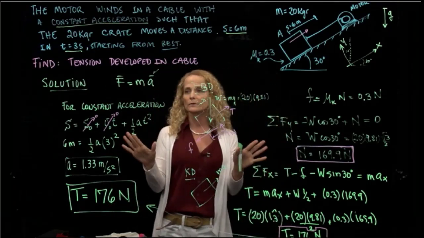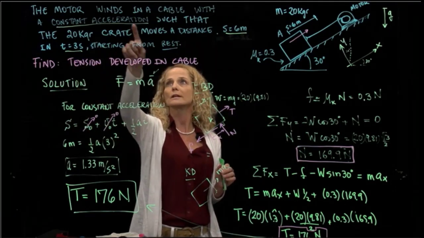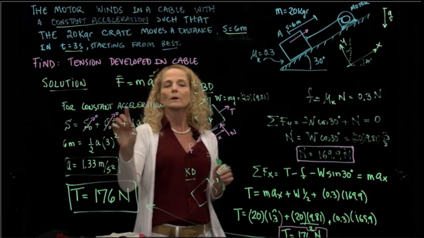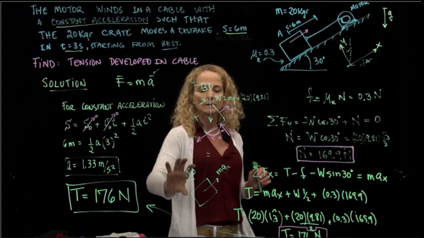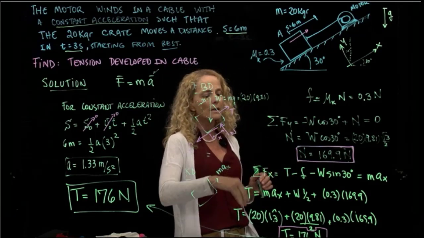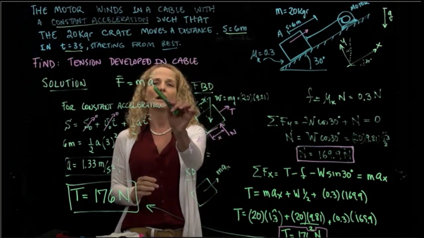What did we do? Just to review, we were given distance and time and a constant acceleration, so we were able to find that constant acceleration. Then we did our free body diagram and our kinetic diagram, made them equal, and wrote forces in x and forces in y. And then we were able to find forces when we have acceleration.